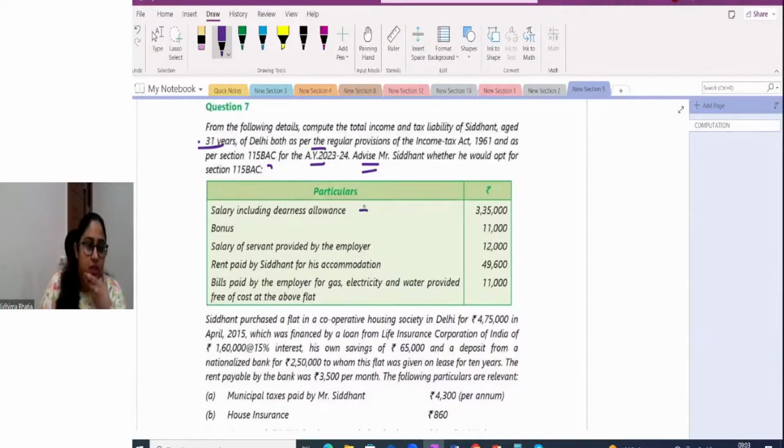Salary including dearness allowance, bonus. Okay, salary of servant provided by employer, fine. Rent paid by Siddhant for his accommodation. Bill paid by employer for gas, electricity and water provided free of cost. This is his salary details.